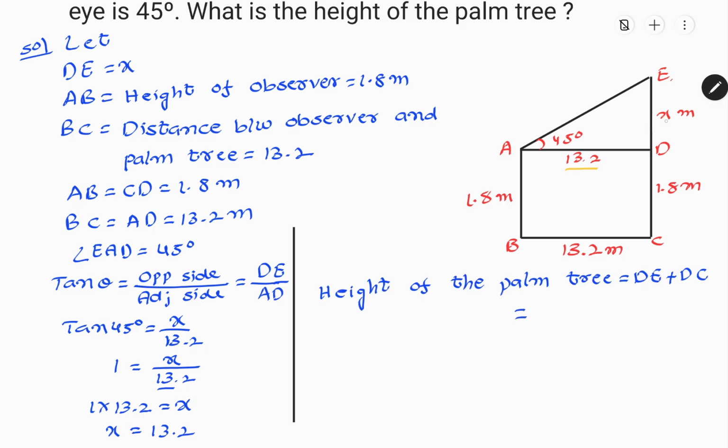Here DE is nothing but x. The height is how much? 13.2 meters plus DC 1.8. 13.2 plus 1.8 is equal to 15 meters. Therefore, height of the palm tree is 15 meters.